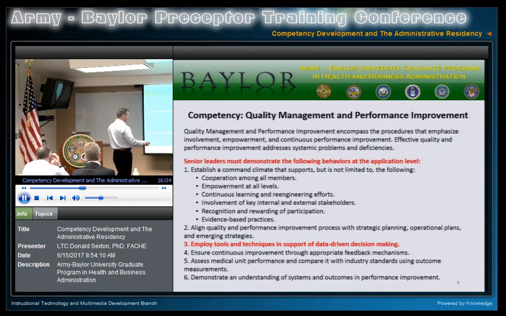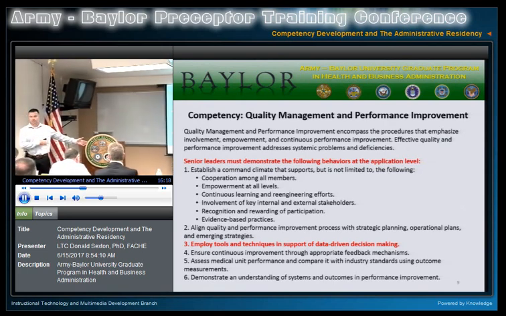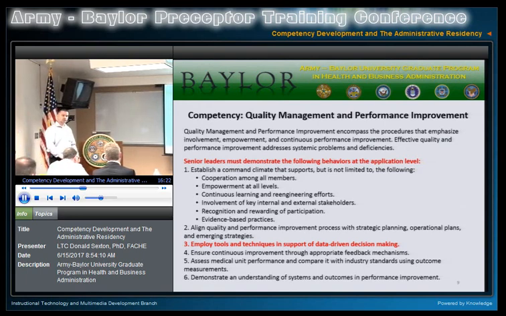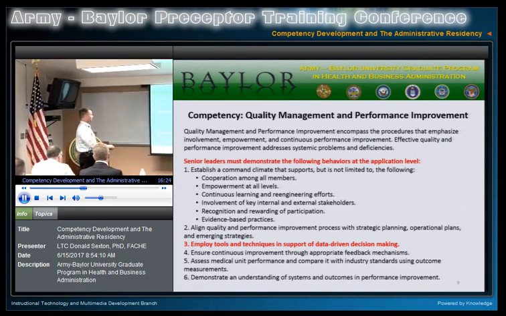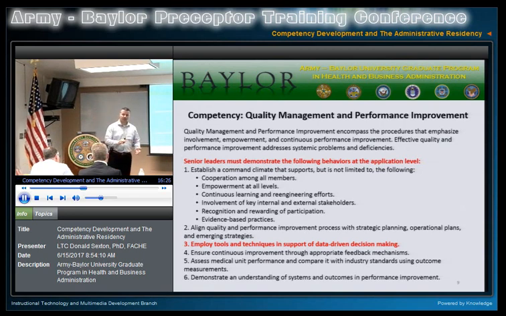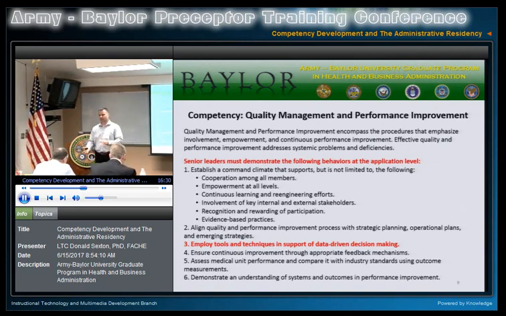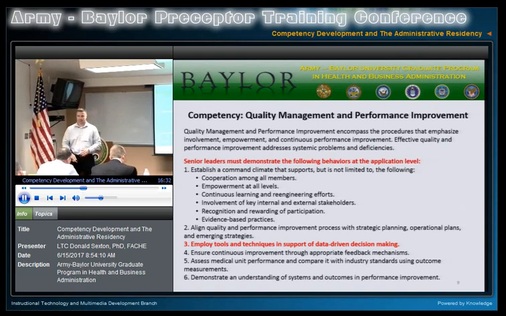In this one, I highlighted employing tools and techniques for decision making. If they could display that they use Lean Six Sigma methods, as an example, that would be a great way to evaluate somebody with regard to this competency. Are there any questions on this? Again, if you look through it, it may seem ambiguous, but it gives you an example of what specifically that competency area is.